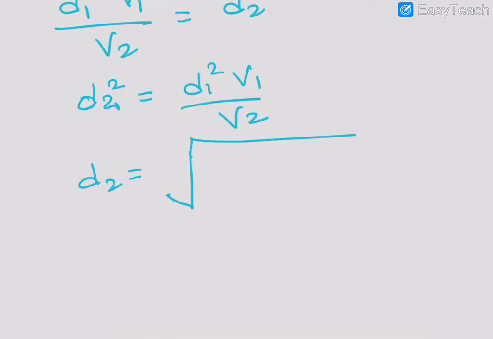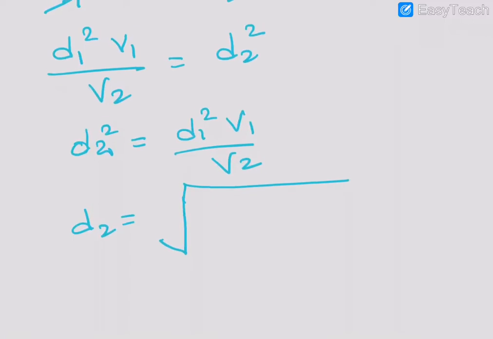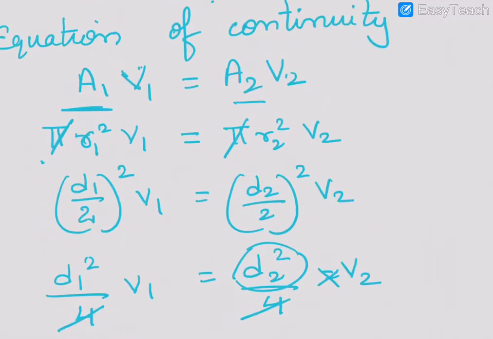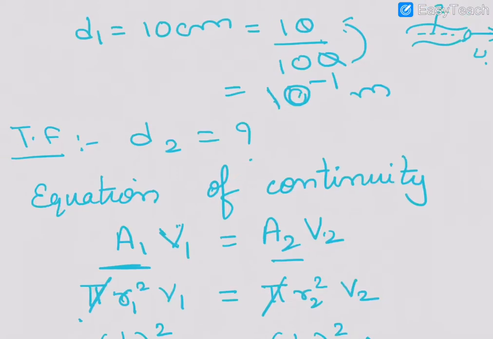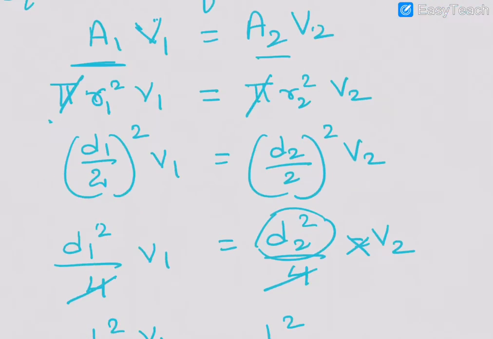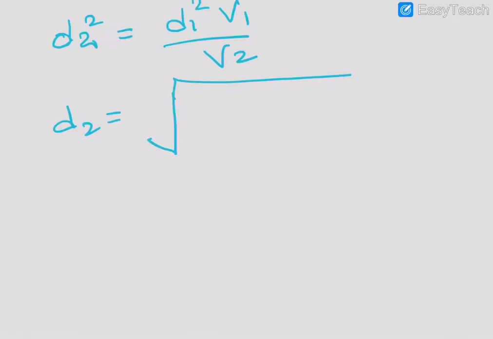What is our D1? D1 is 10 raised to minus 1. So in place of D1, 10 raised to minus 1 whole square into V1.